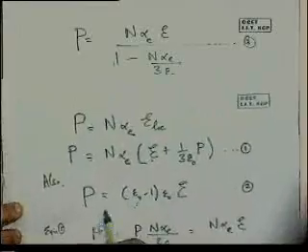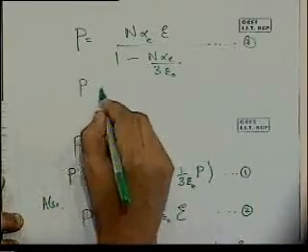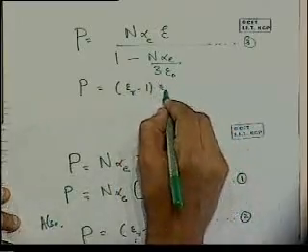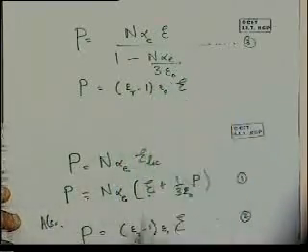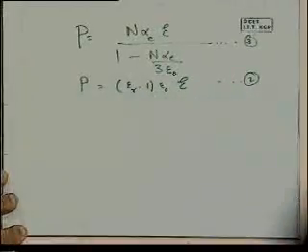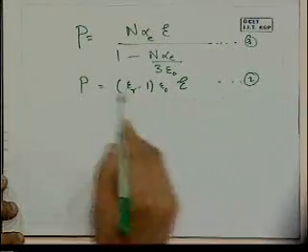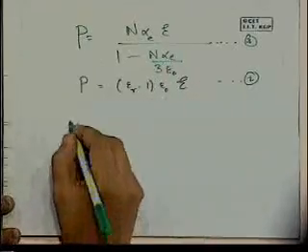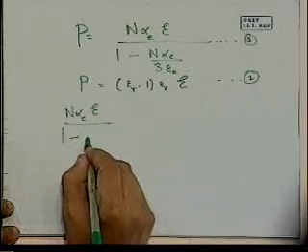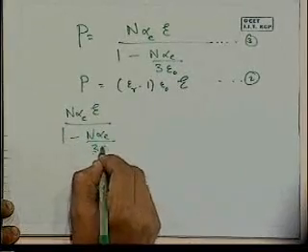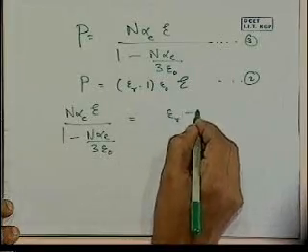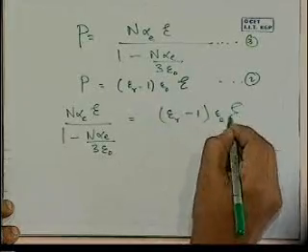And we already have the second expression here, namely P is equal to epsilon r minus 1 times epsilon naught times the field, which was my earlier expression number 2. So when we equate these two, both are polarization, what we arrive at is n alpha E times the field by 1 minus n alpha E by 3 epsilon naught is equal to epsilon r minus 1 times epsilon naught times the field.